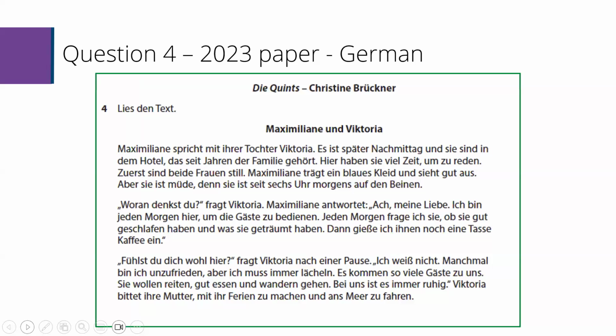So if we have a look at question 4, and we see it's a German text now, so this is picking up the level of demand, and we're also seeing that this is a literary text. So candidates can expect that they will deal with a short literary text.